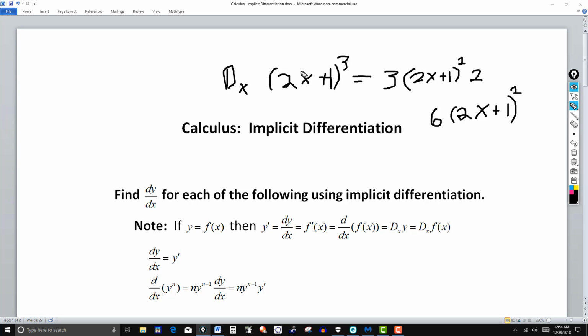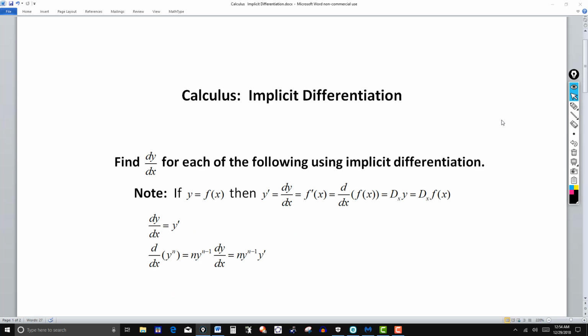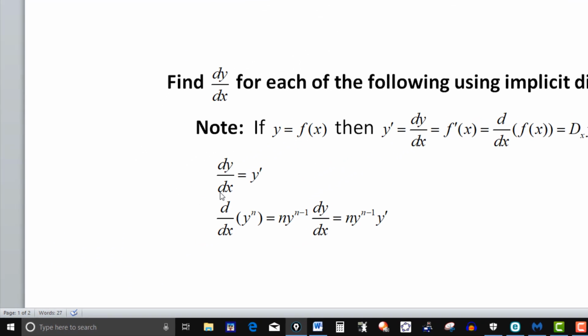Okay, so that's what you have to do. Say this is a y. When I take the derivative, you do the same sort of thing. If you compute the derivative of y with respect to x, that's just going to be y prime.